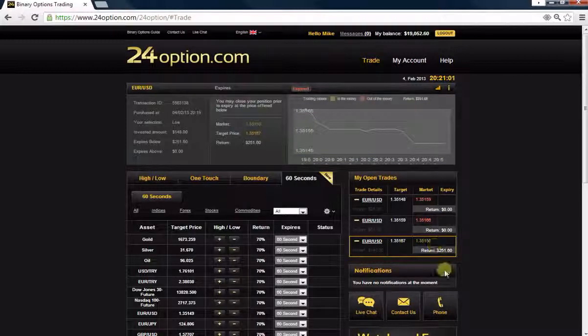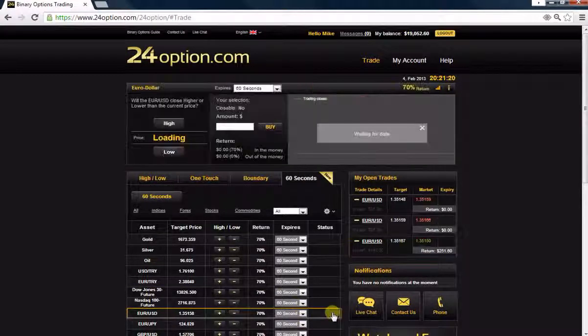Okay, so $250, we won that trade. $251.60. We made back what we previously lost in the previous trades of $61 and $25, and now we've boosted our balance to $19,052.60.